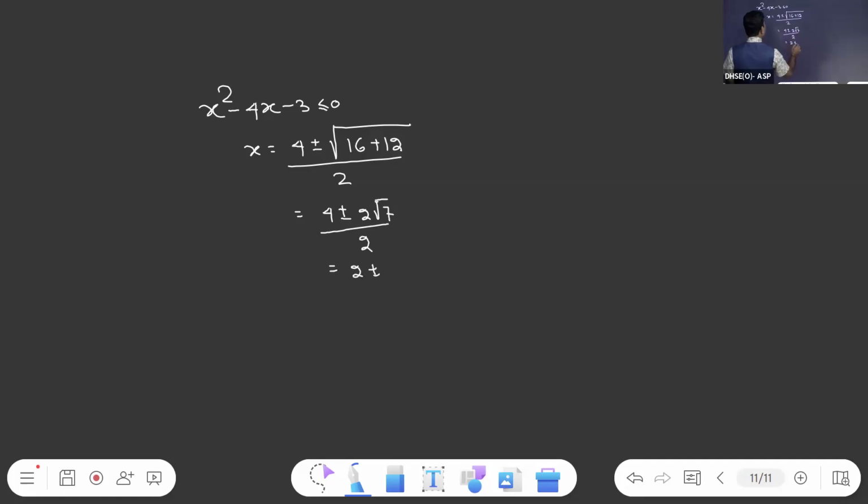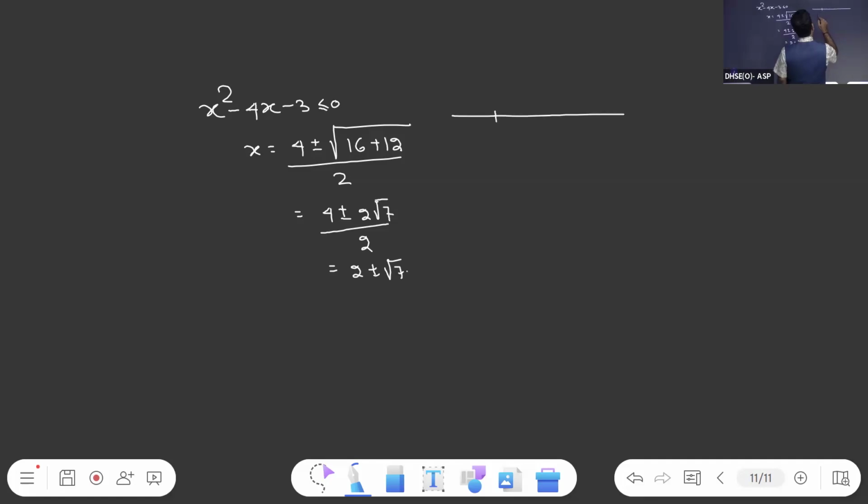So x is equal to minus b, that is 4, plus or minus under root b square 16 plus 12, divided by 2a is 2, 4 plus or minus 2 root 7 upon 2. This is equal to 2 plus or minus root 7. So critical points are 2 minus root 7 and 2 plus root 7.